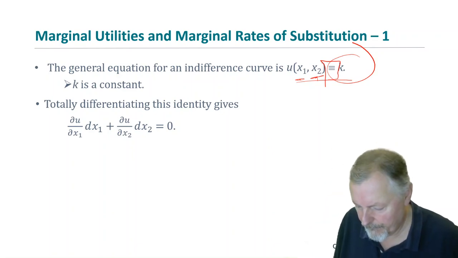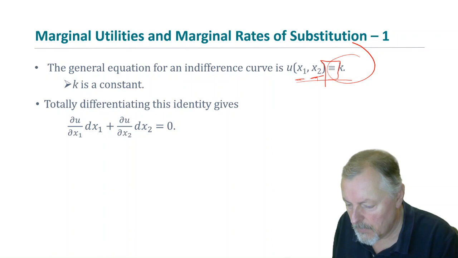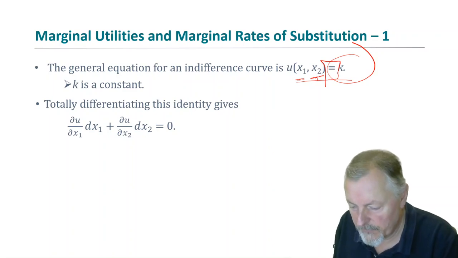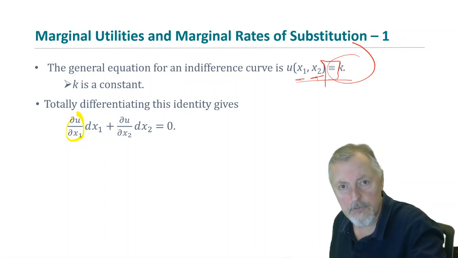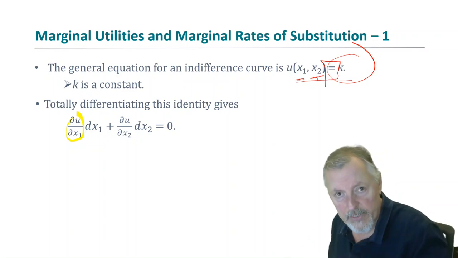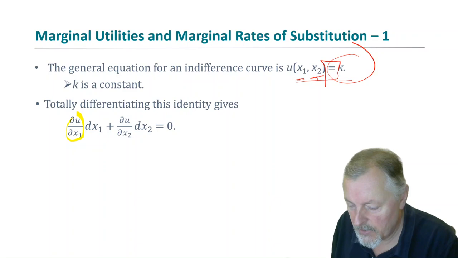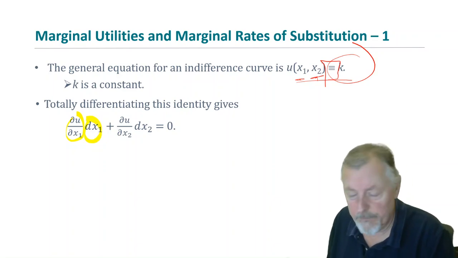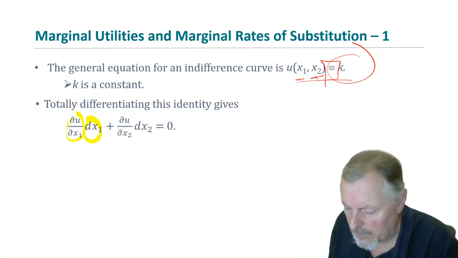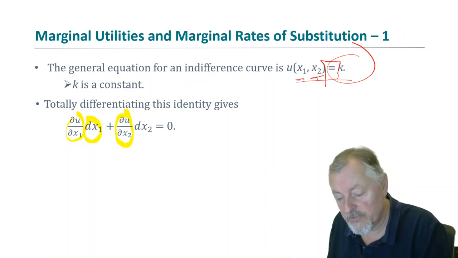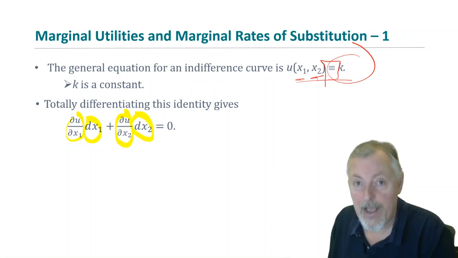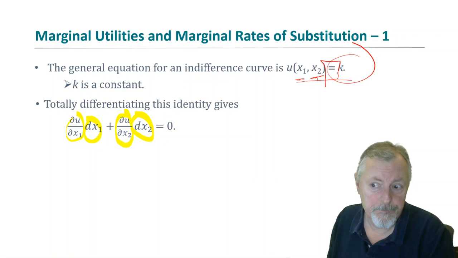Here, the partial derivative with respect to x1, so how much the function changes with a small change in x1, times how much you change x1, plus how much the function changes with respect to x2 times how much you change x2.